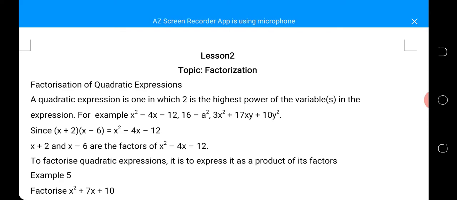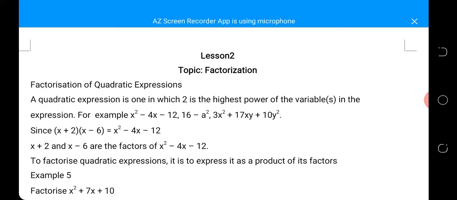Factorization of quadratic expression. First of all, let us see what a quadratic expression is. A quadratic expression is one in which 2 is the highest power of the variables in the expression.